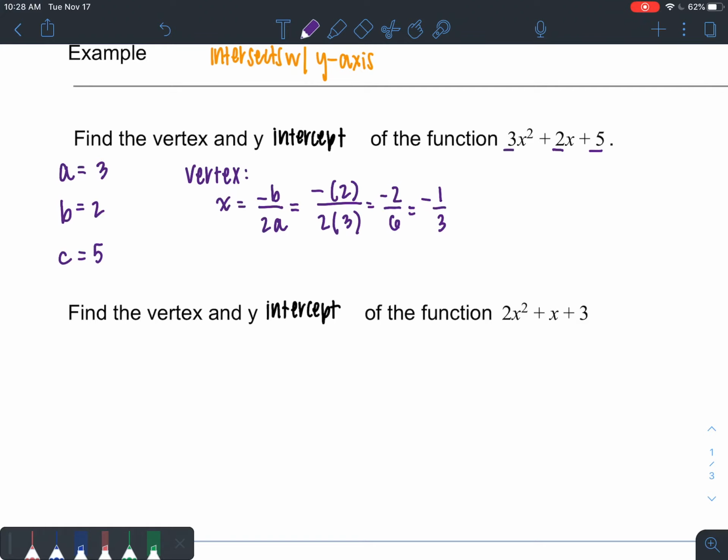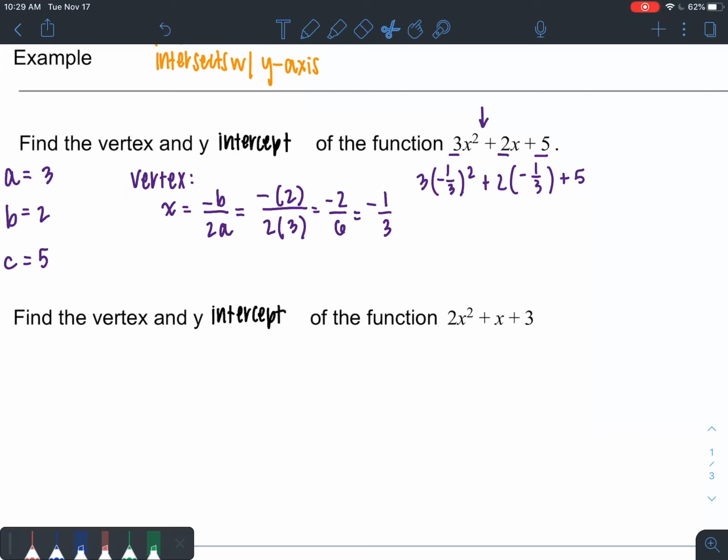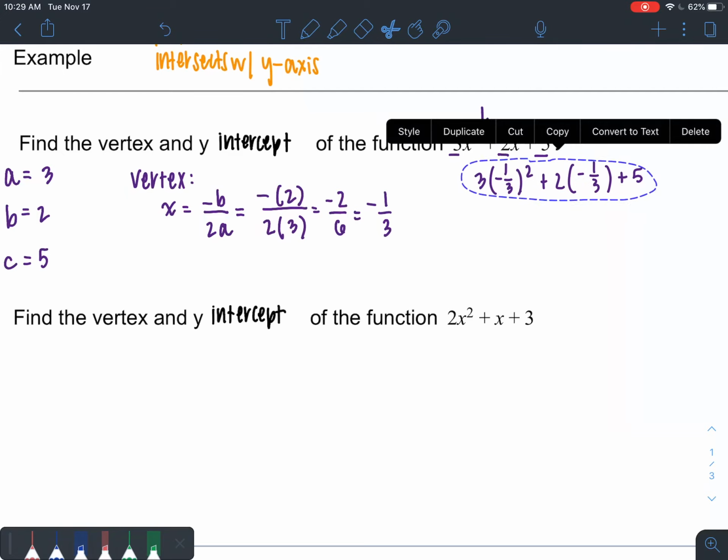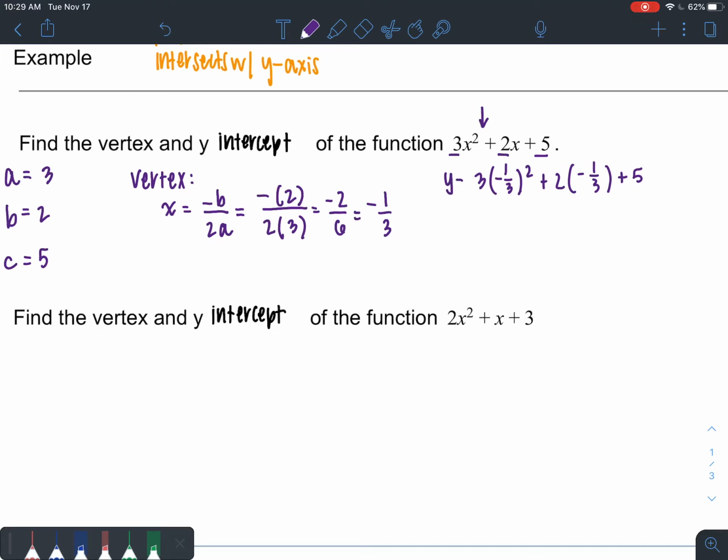Then to find our y value, we plug it back into this equation. So we have 3 times negative 1/3 squared plus 2 times negative 1/3 plus 5. Let's move this over here so we have a little bit more room, because this is our y equals equation.